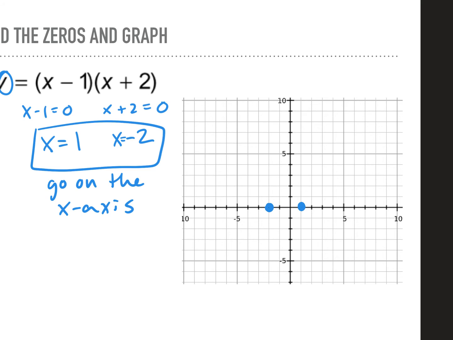So the next thing we want to do is find the end behavior. So just like how we did before, if we have x raised to an even number, what direction does my end behavior do?